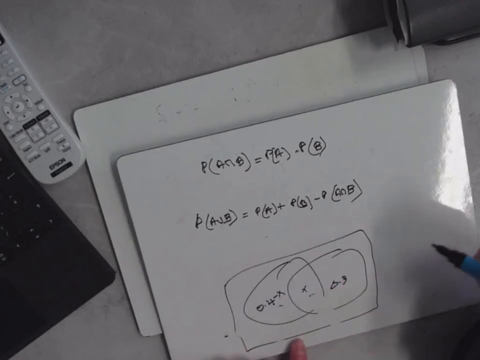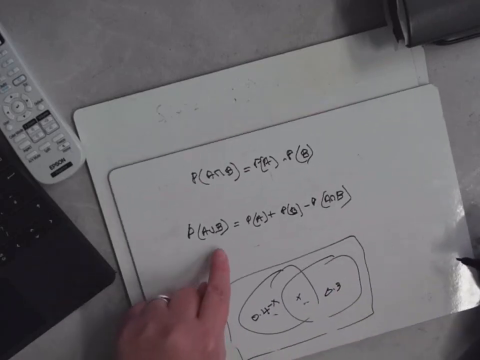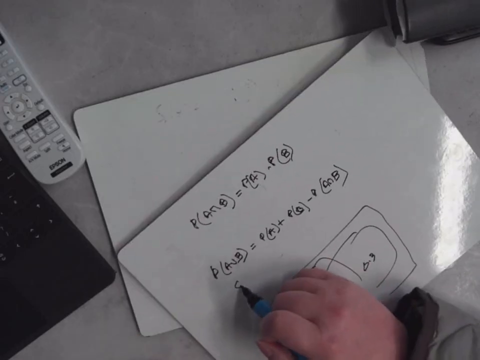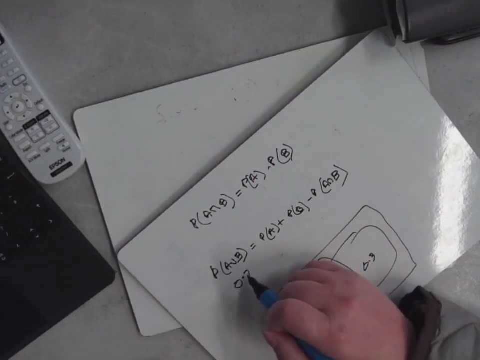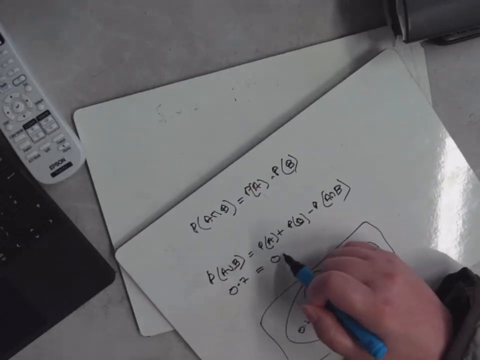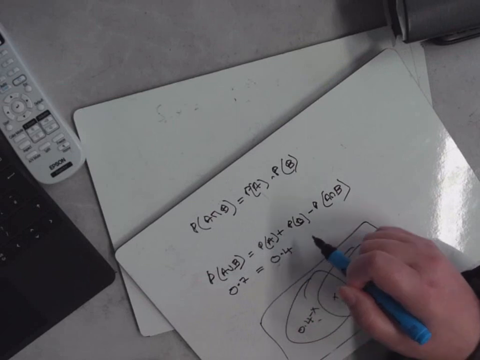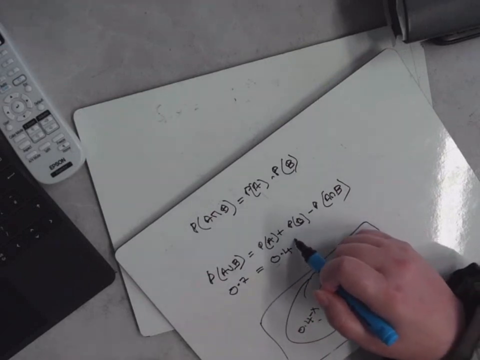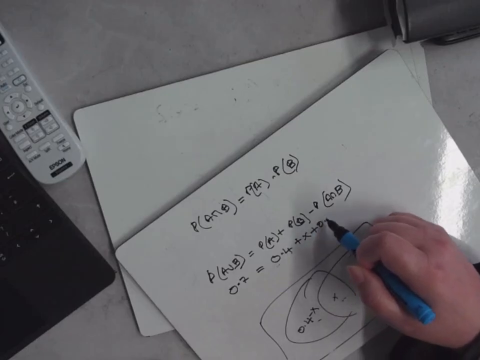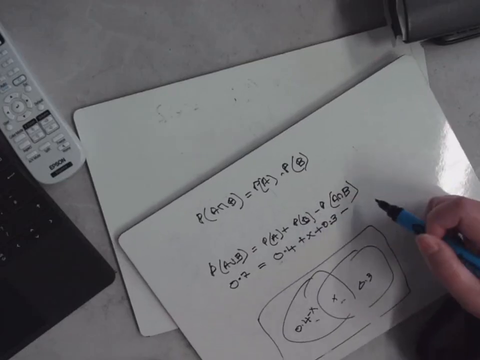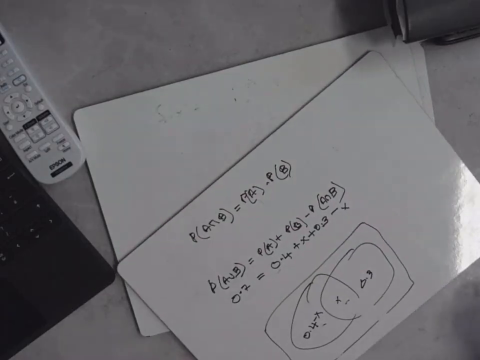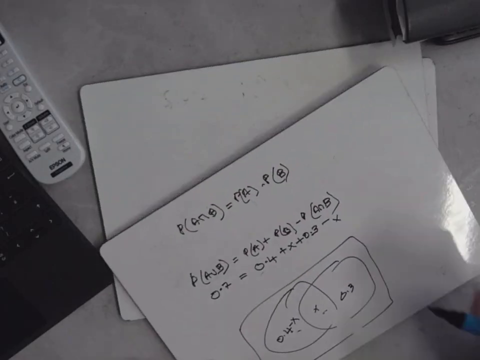And then they said use this: 0.7 equals probability of A, which is 0.4, plus the probability of B, which is X plus 0.3, minus the probability of A intersection B, which is minus X. That's great. 0.7 equals 0.7. That's really helpful.